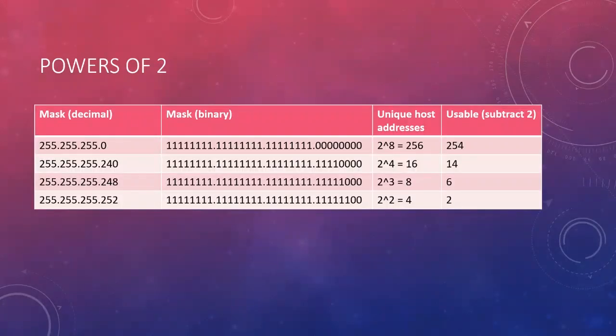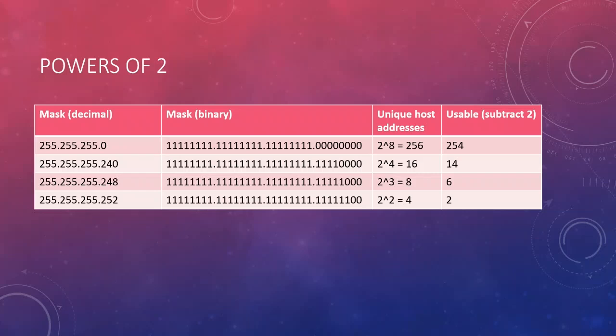Just real quick, I want to talk about powers of 2 as they relate to binary. When I have a mask of 255.255.255.0, like we said, that's 24 ones and 8 zeros at the end. With 8 binary digits, that's 256 unique combinations.